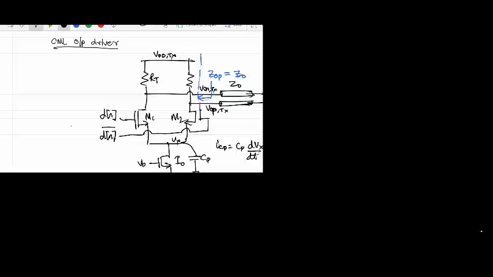So you need to maintain a small Cp, and you can only maintain a small Cp when your current source is of small length. A small Cp you can get with a smaller length for your current source, for M0.